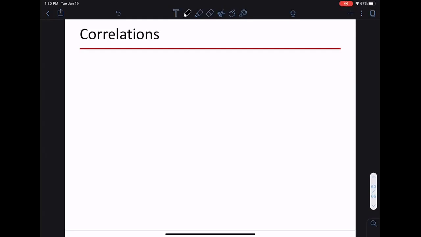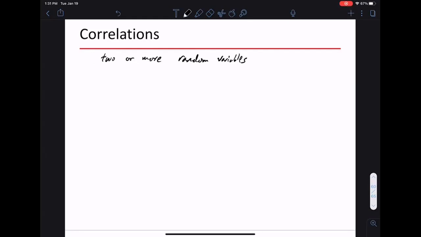Right? So correlations means I have two or more random variables. If we recall, for one variable, when we said I need to describe a random variable, I need a probability and a value it can take.